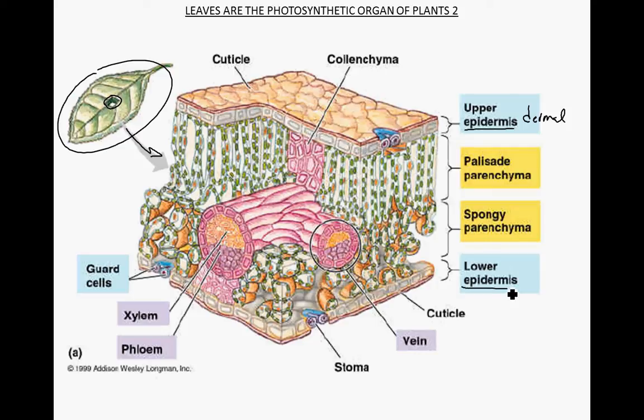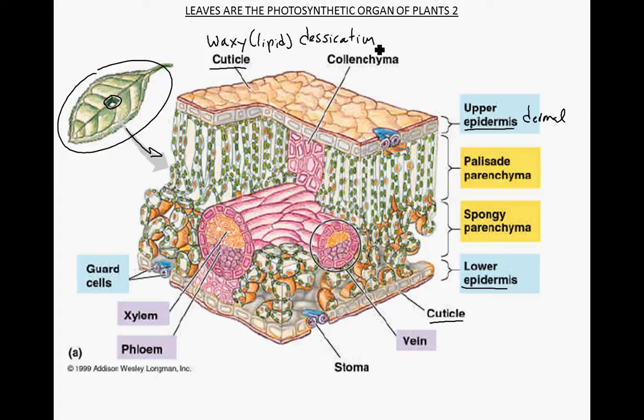Also, external to the upper and lower epidermis, there is a cuticle, one on the top side and one on the bottom side. This cuticle is a waxy, lipid substance that helps prevent water loss or drying out, which is also known as desiccation. So the waxy cuticle prevents desiccation.